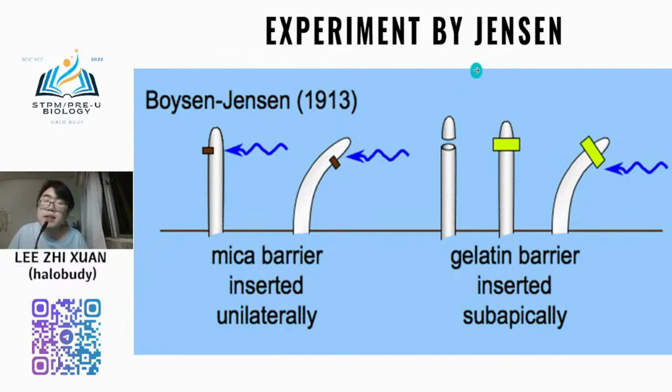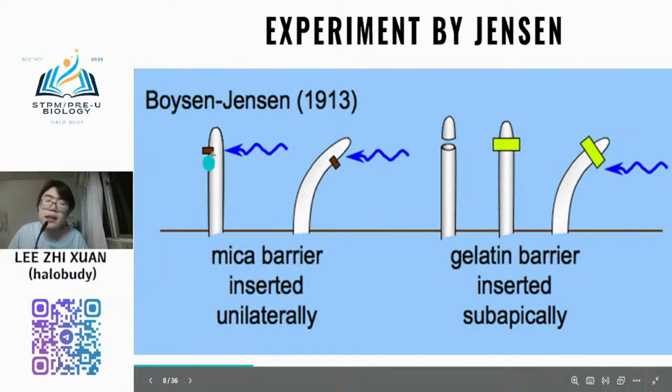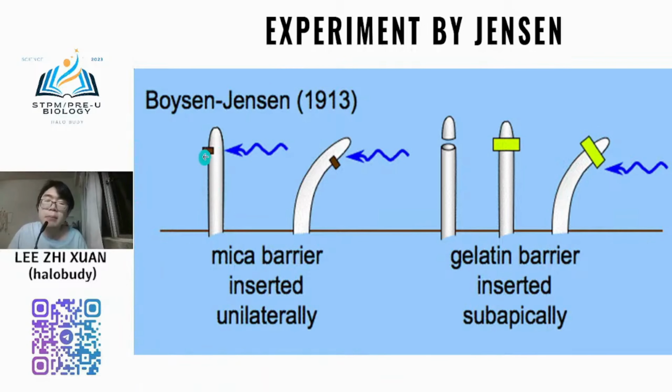Another experiment is by Jensen. Normally in this one, they use a barrier that can be inserted unilaterally, or use a gelatin barrier inserted subapically. So you will see this diagram, meaning that they inserted this mica barrier directly into the tips of the plant, but only half, not totally covering the plant.